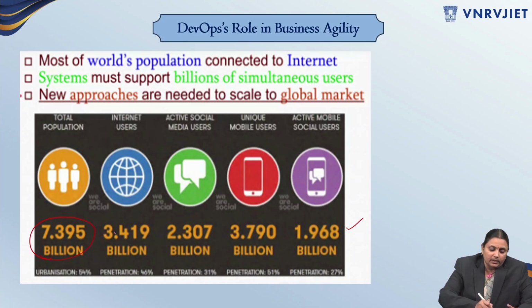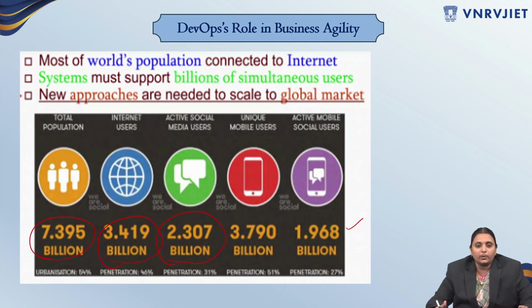Out of this, 3.19 billion users are penetrating to access the internet, and 2.307 billion people, meaning 31% of the population, will actively use social media, and 3.790 billion are penetrated, nothing but 51% of the population will use mobile devices through the internet, and there are 1.968 billion people, 27% of people, accessing social media through mobiles.